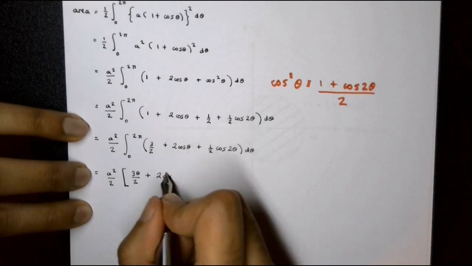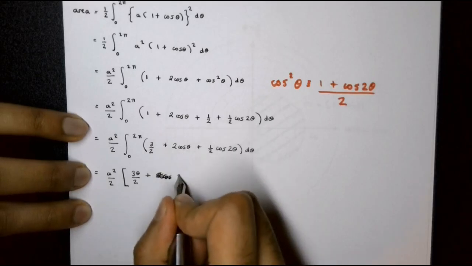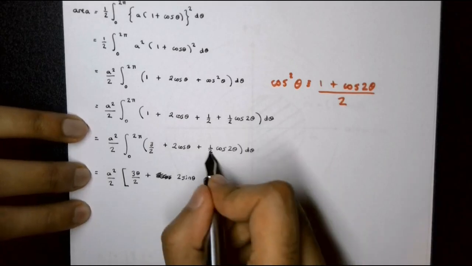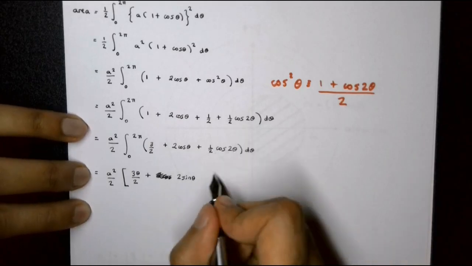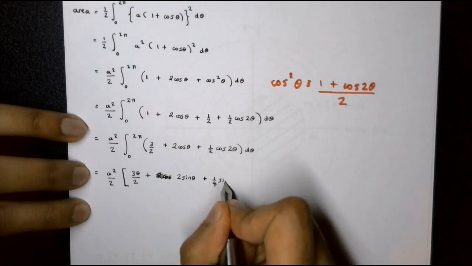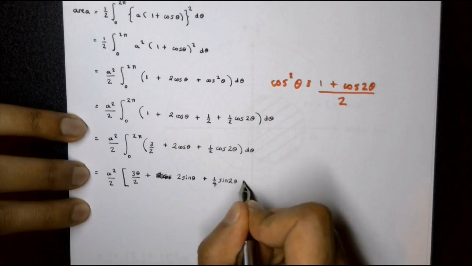If we integrate this, we get 2 sine theta, and if we integrate the 1/2 cos 2 theta, we end up with 1/4 sine 2 theta.